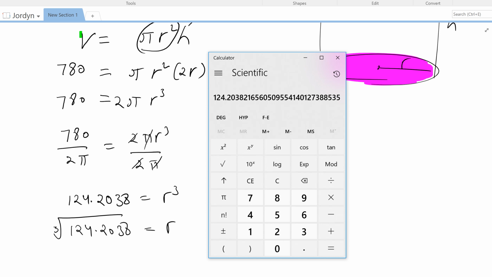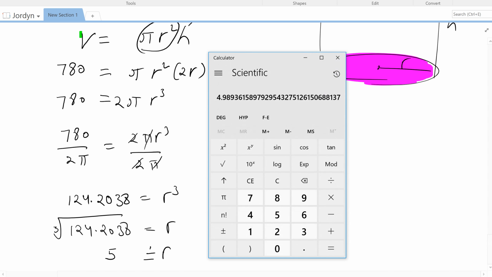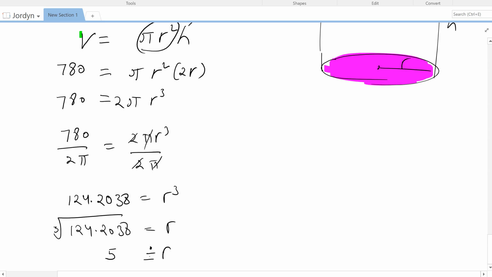For that, we raise it to the power 1 over 3, which means 0.3333, right? And it's 4.989, which is approximately 5. So we write approximately 5. Make sense, Jordyn? Good. So r is 5, therefore the dimensions are radius equals 5 and the height.